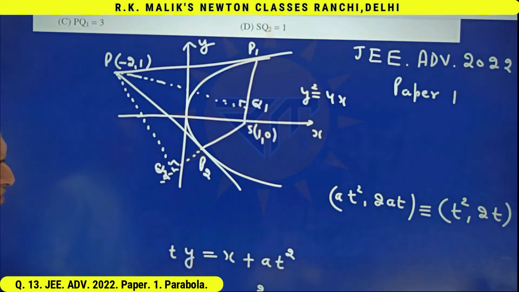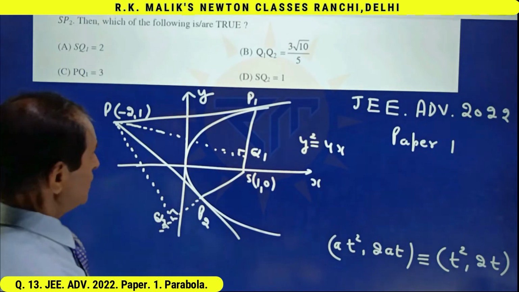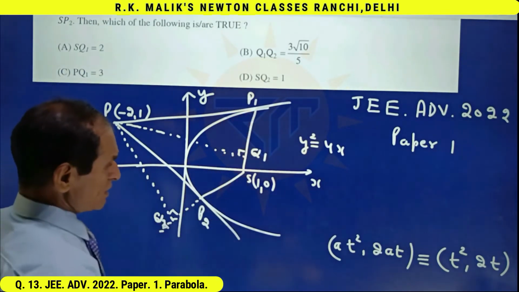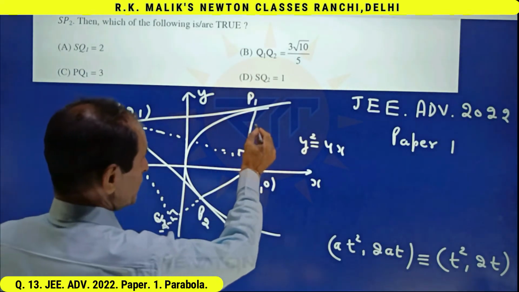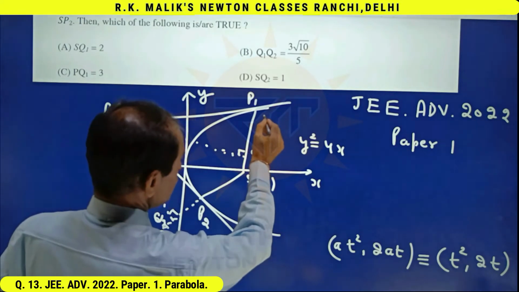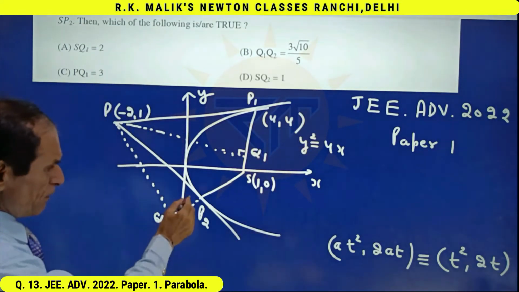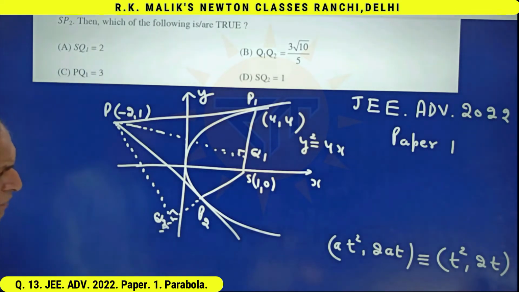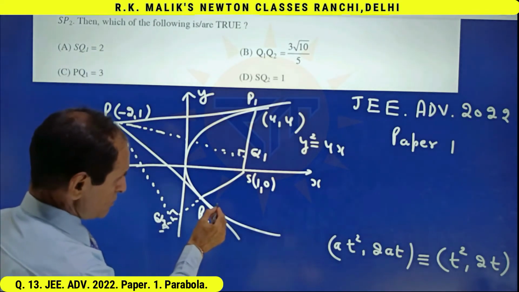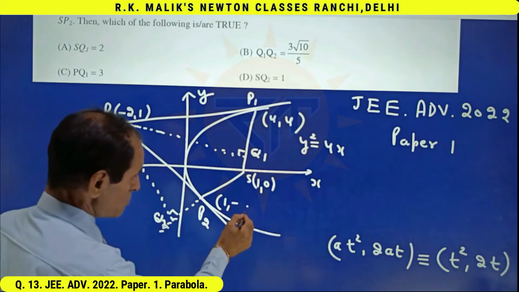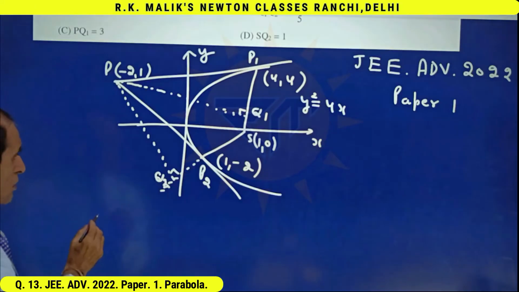Still, for crystal clarity, I will explain this also. Parameter 2 means the point becomes (4, 4), and parameter minus 1 means the point is (1, minus 2).